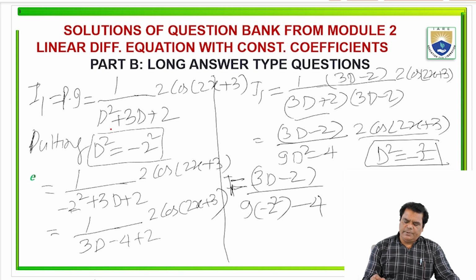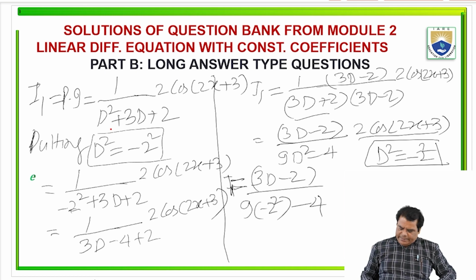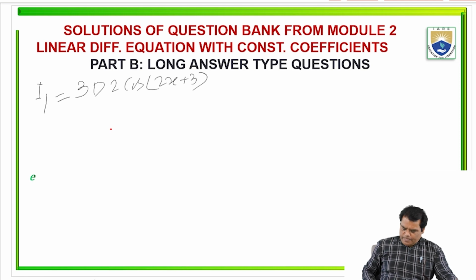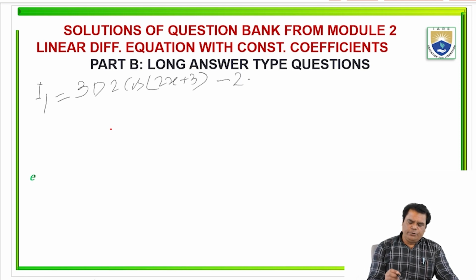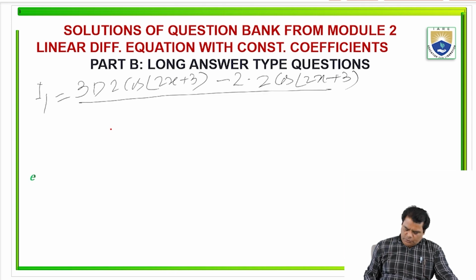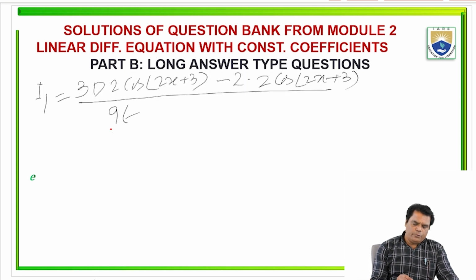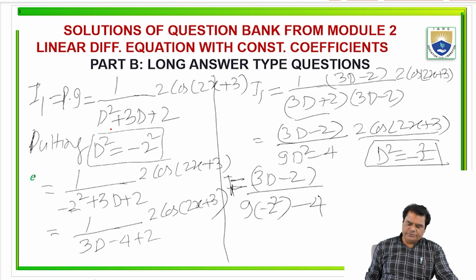This function multiply in this bracket, so we get here 3D, and in bracket 2 cos(2x + 3), 3D, and minus 2 into 2 cos(2x + 3), and upon 2 into 2 is 4, 9 into minus 4 and minus 4.